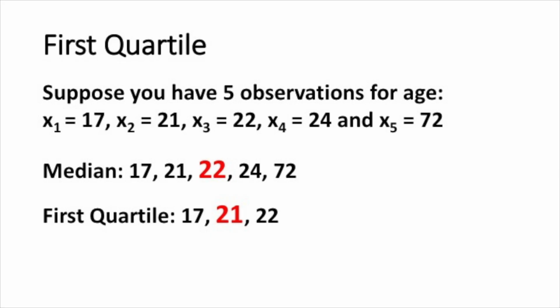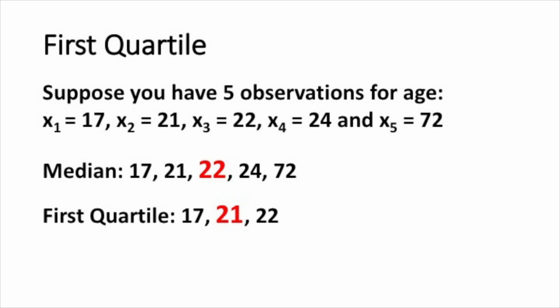A way to visualize the first quartile is to sort the data set in ascending order, that is from smallest to largest, and find the value for which 25% of the observations have smaller values. Here's a variable of a person's age with 5 observations: 17, 21, 22, 24, and 72. So let's first find the 50th percentile, which is 22.